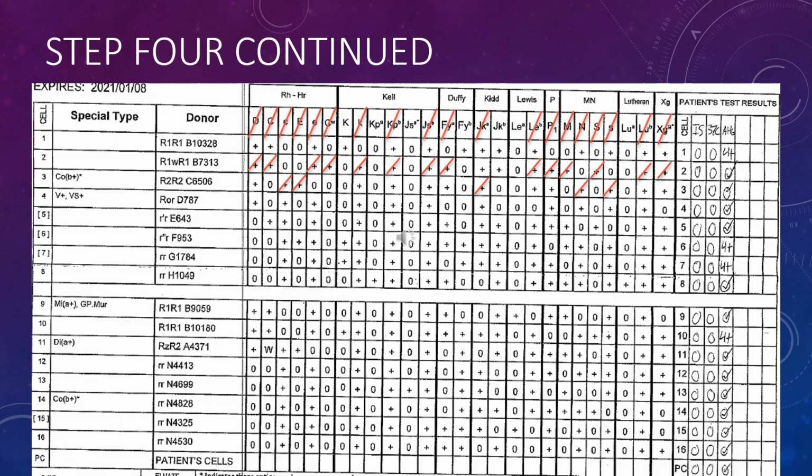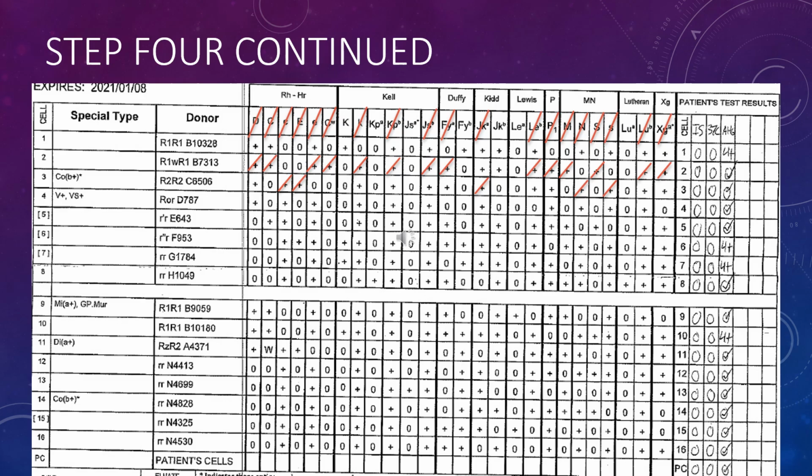So we can't rule out anything else on 4 or on 5. What about cell 6? We can't use that one. Same with number 7, because we have reactions at AHG. What about cell 8? Look at cell 8 for a little while and tell yourself if you can rule out any antibodies on that one. And then you can hit your spacebar to check your answer.